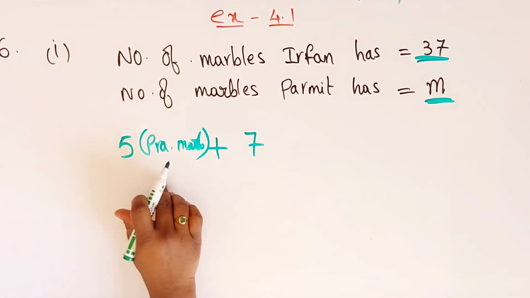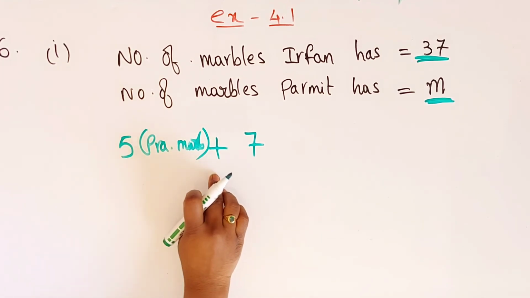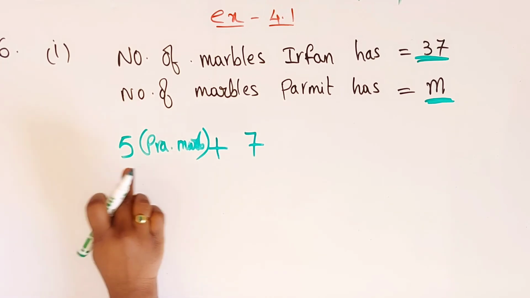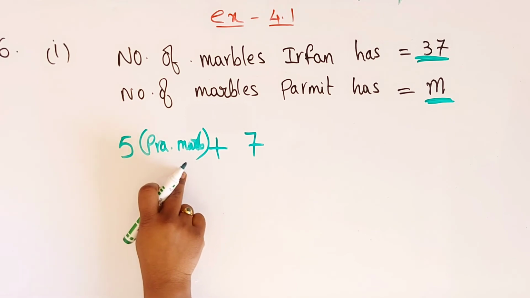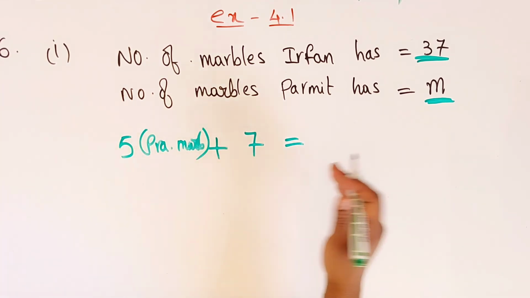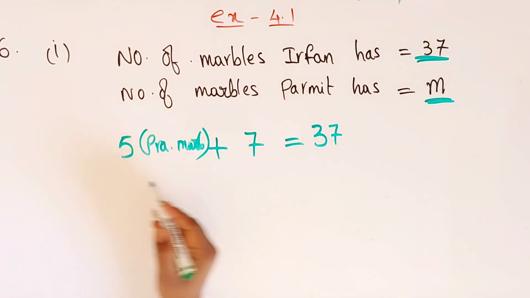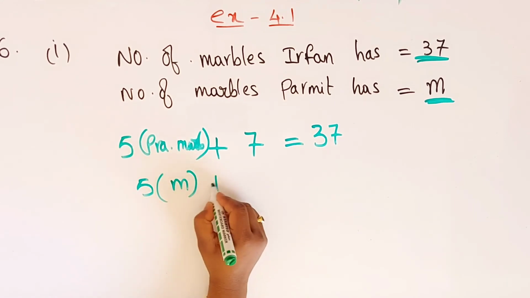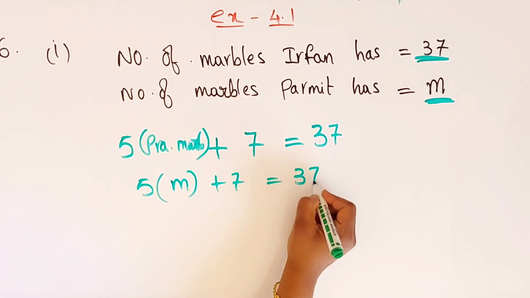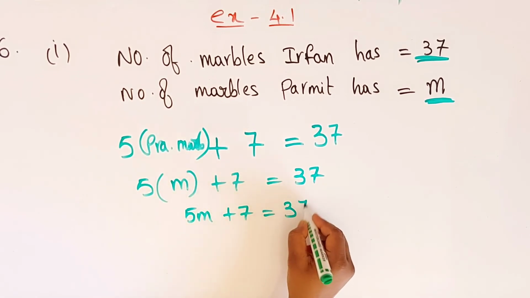So how many marbles Irfan has? They have already given that he has 37. Now 5 into Pramit has M marbles plus 7, that equal to 37. That means 5M plus 7 equal to 37 is the equation children.